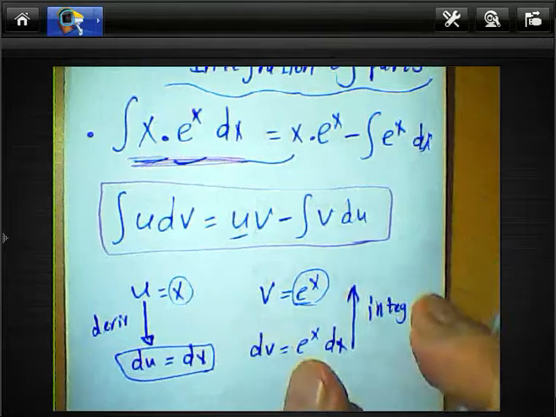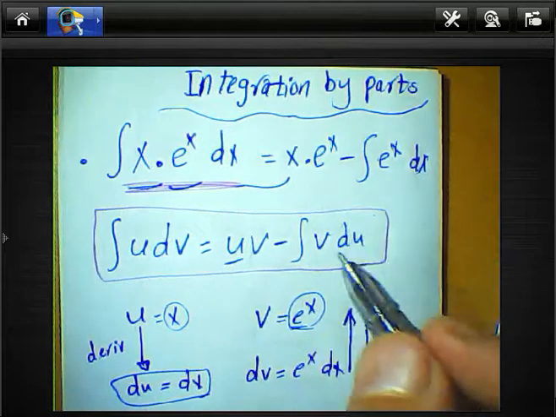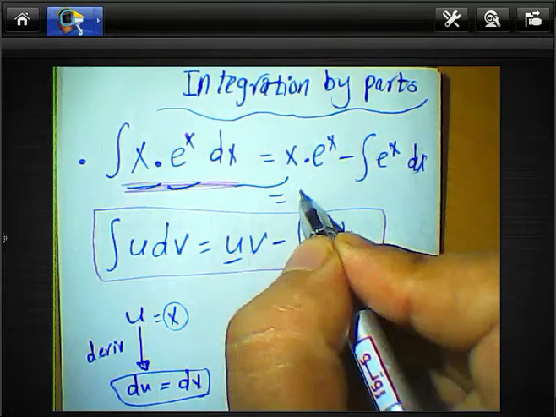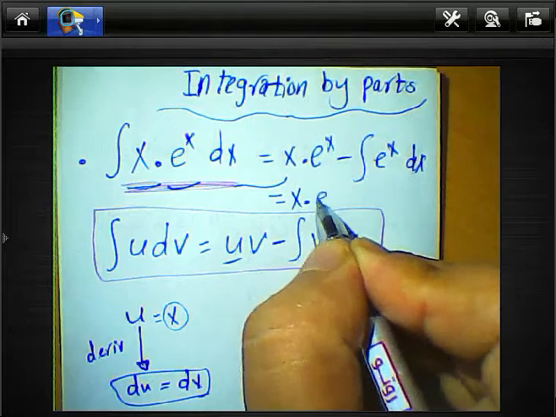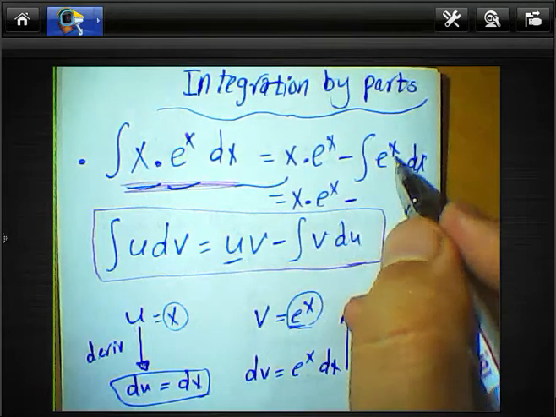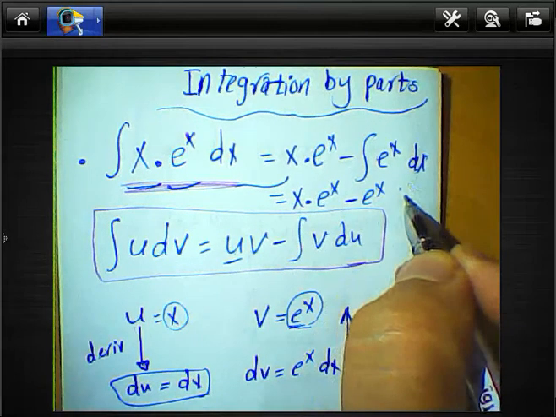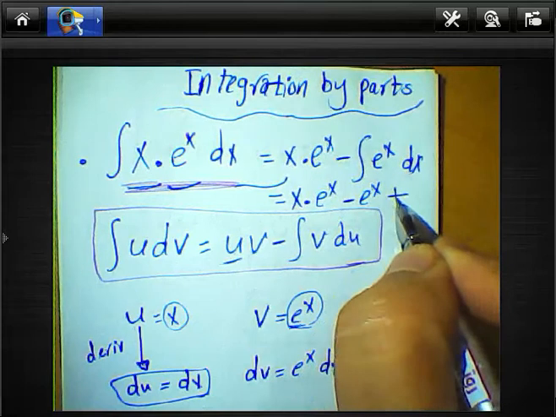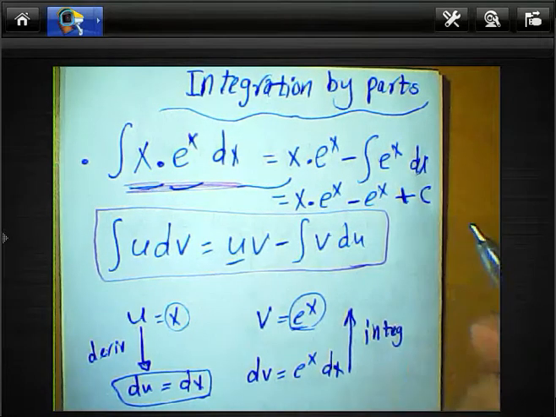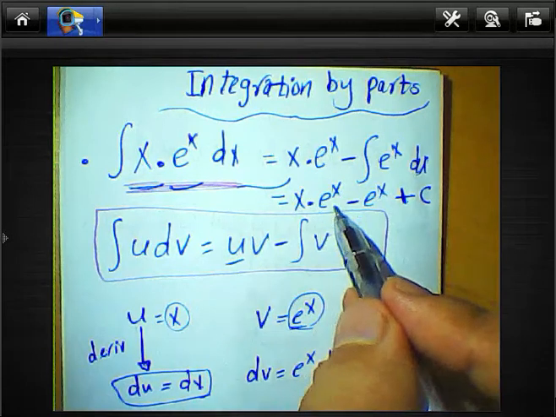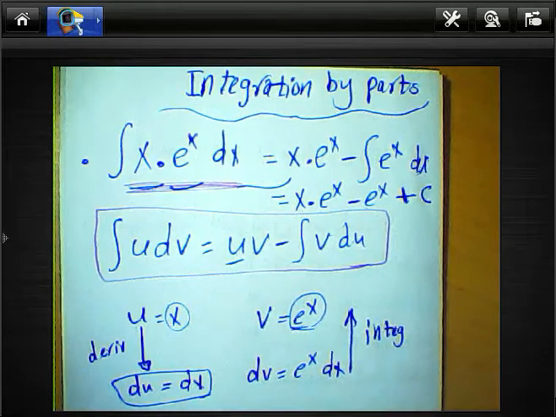And complete the result of this integration. We can write x multiply e power x, subtract the integration of e power x, which will be e power x, and the result will be plus constant. So the result will be x multiply e power x, subtract e power x plus constant.